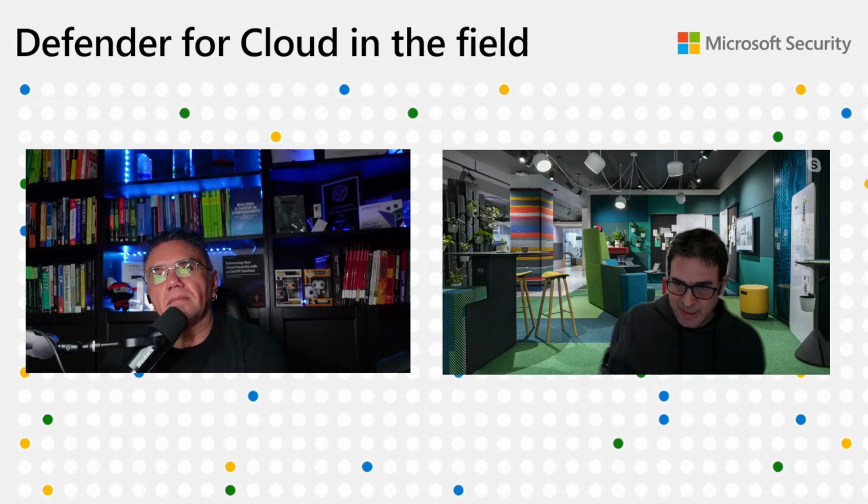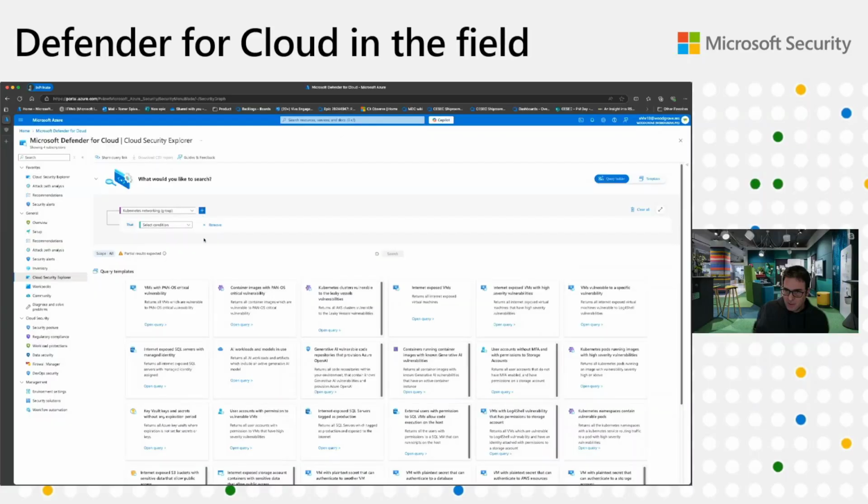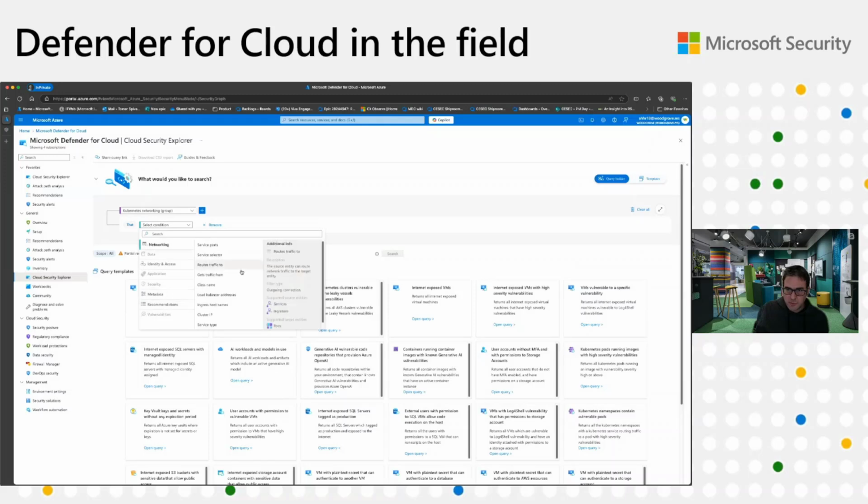So specifically for Kubernetes networking, we've added an extended set of metadata that customers can query by, starting from service ports of ingresses and of services, and service selectors.